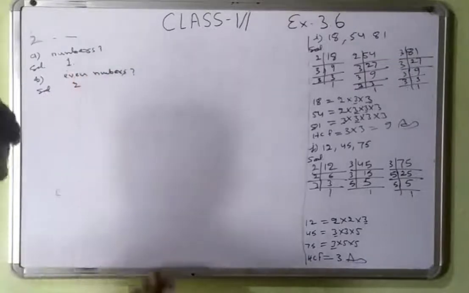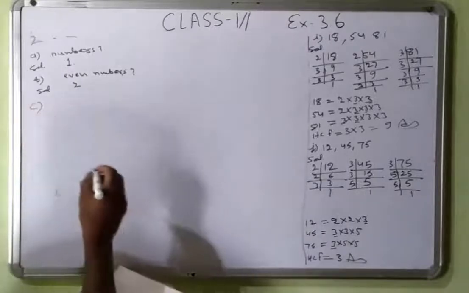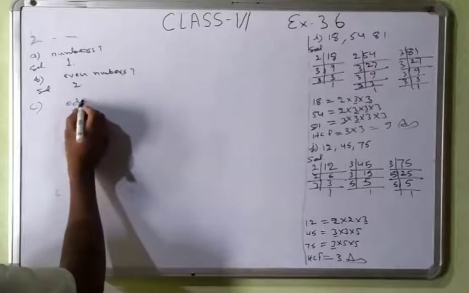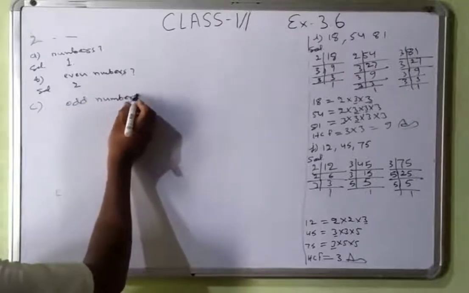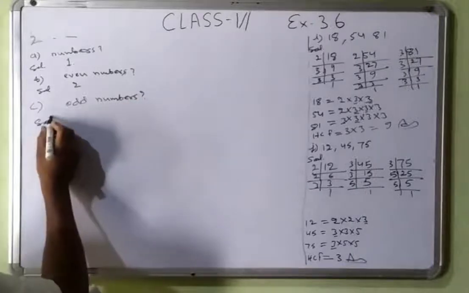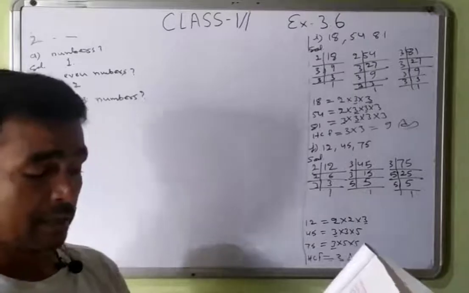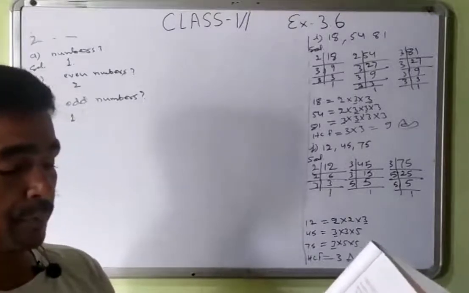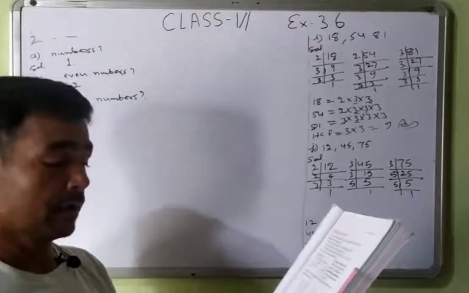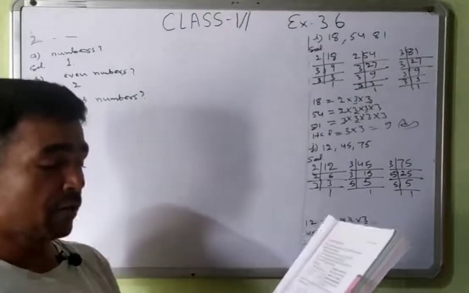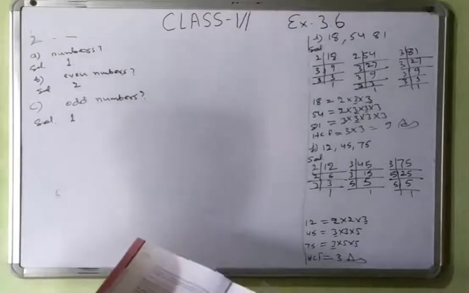This type of question you should remember. And then C part, odd number. So that will also be 1. You should always remember: the HCF of two consecutive numbers is 1, for even numbers it is 2, and for odd numbers it is 1. Then question number 3.